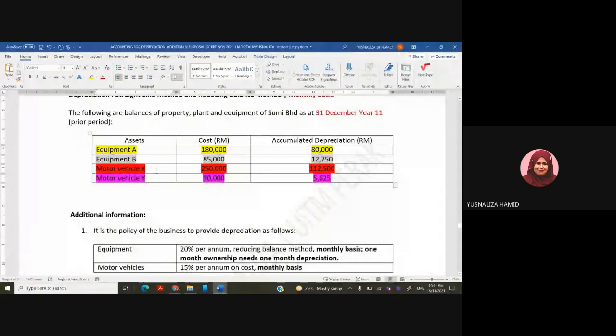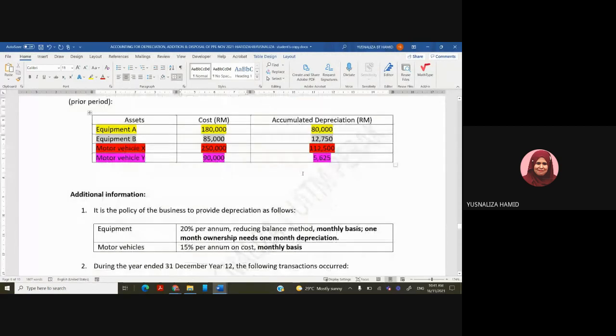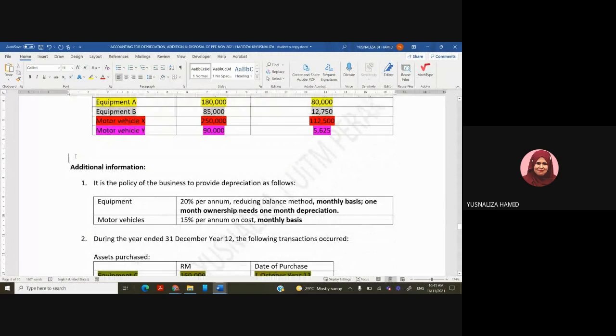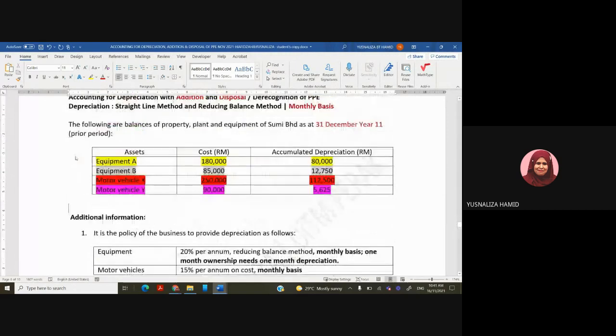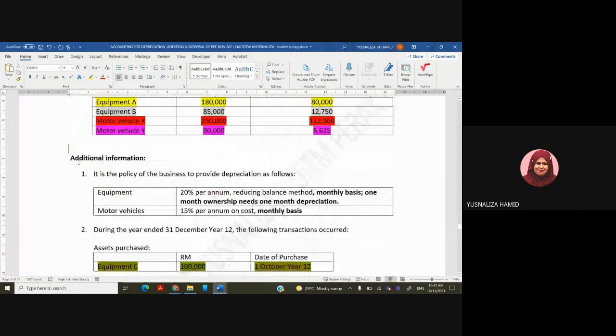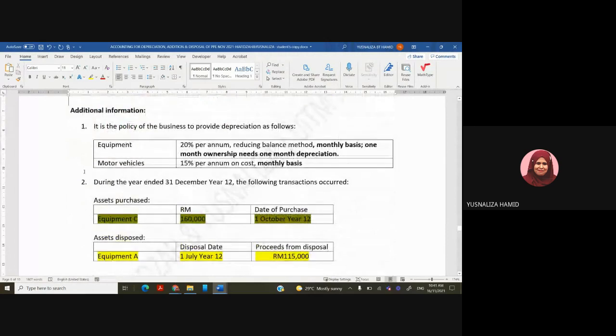Maybe this one is imported and this one is the local brand. Here you have the cost and then the detail of what you have. There is no information regarding the date of purchase for all the existing equipment. That does not matter, because our issue is here.